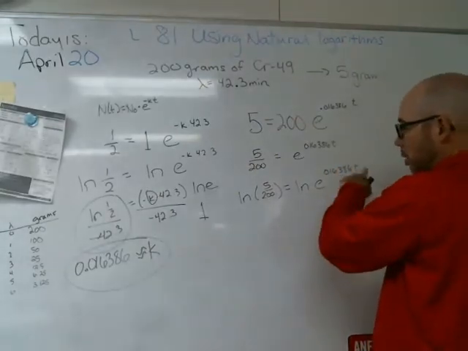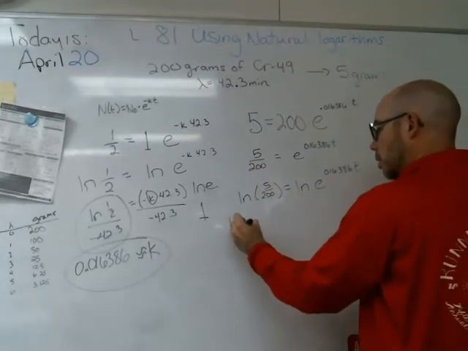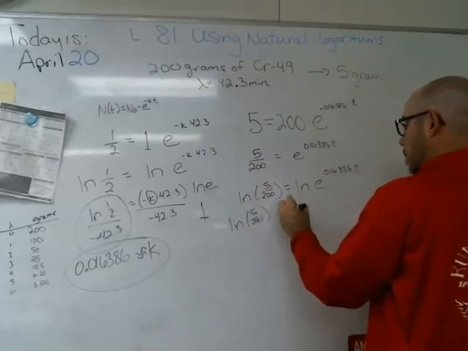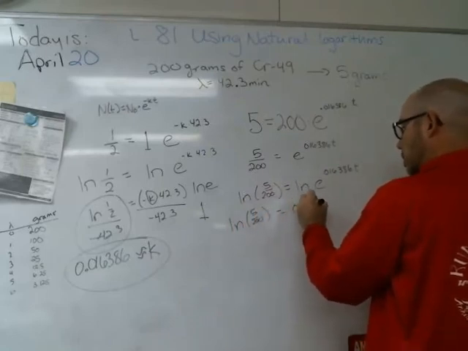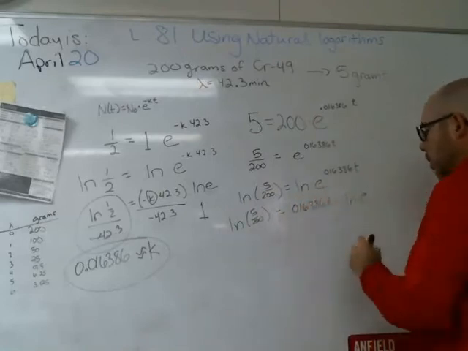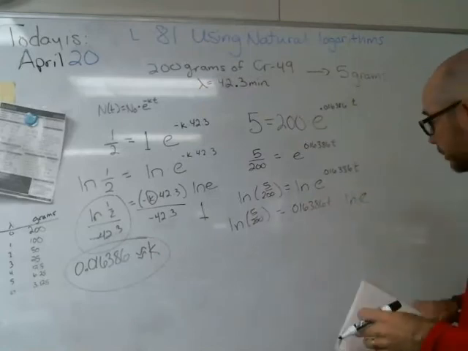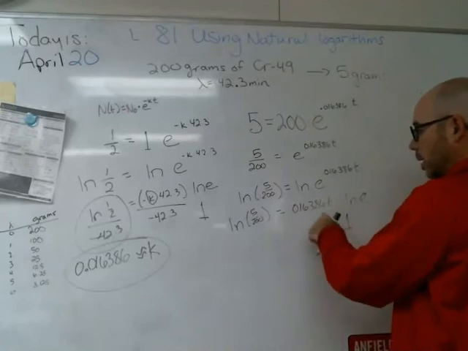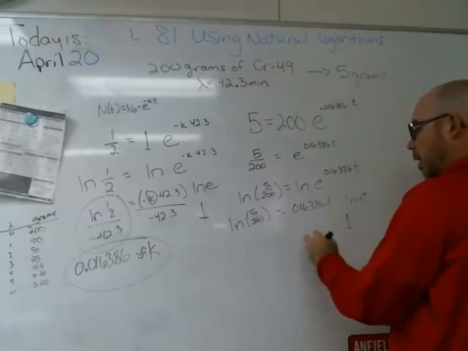I'm going to use the power rule to bring all that down to the front: 0.016386 t times ln e. ln e is 1. And then all I got to do at this point is divide both sides by 0.016386, and I have t.